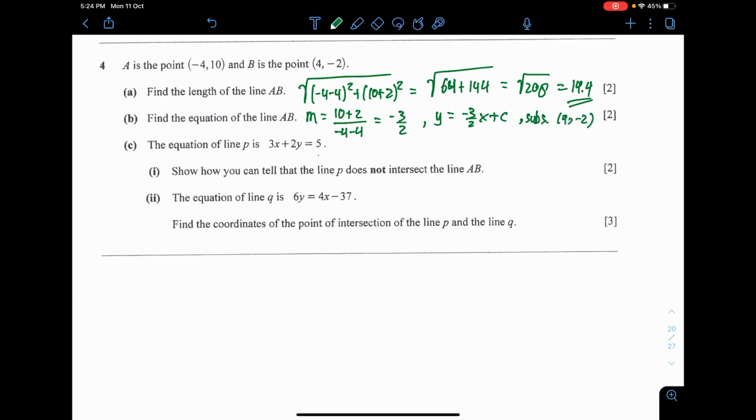Okay, x equals 4 and y equals -2. That means to say that the c is actually 4 units. Hence, y equals -3 over 2 x plus 4. Okay, so nice. The equation of line P is this.